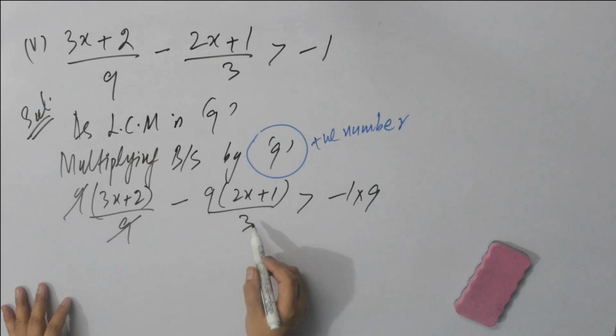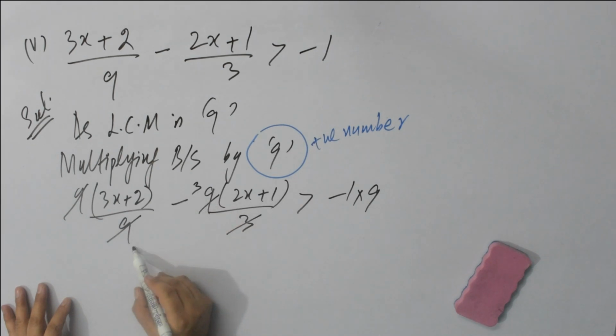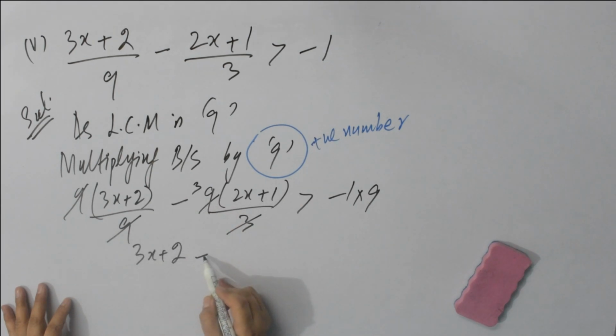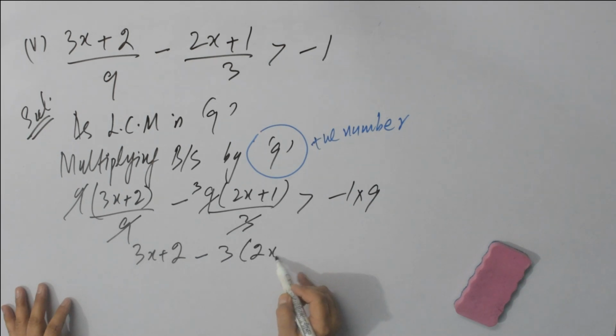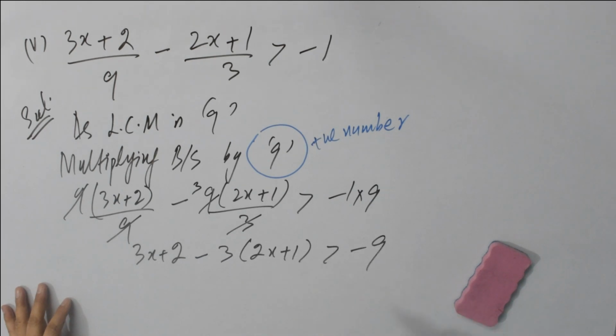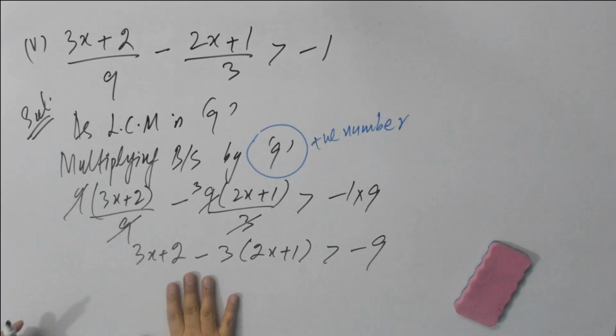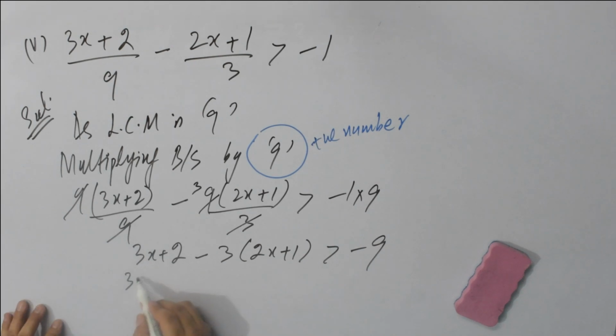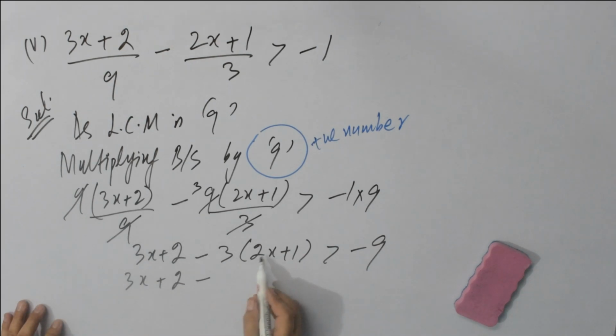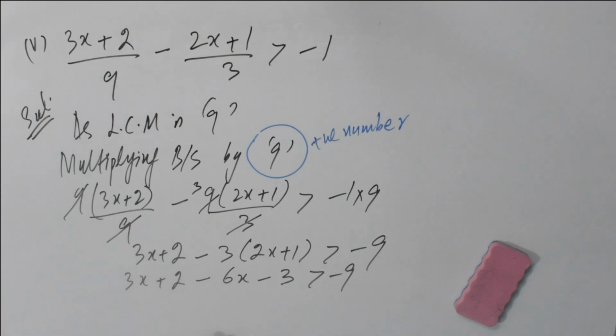9 cancels with 9, 3 3s are 9, so it becomes 3x plus 2 minus 3 times 2x plus 1 greater than minus 9. I hope students this is clear to you. One more step: 3x plus 2 minus 6x minus 3 greater than minus 9.